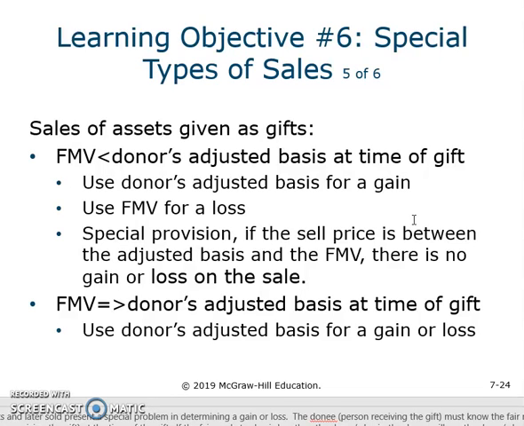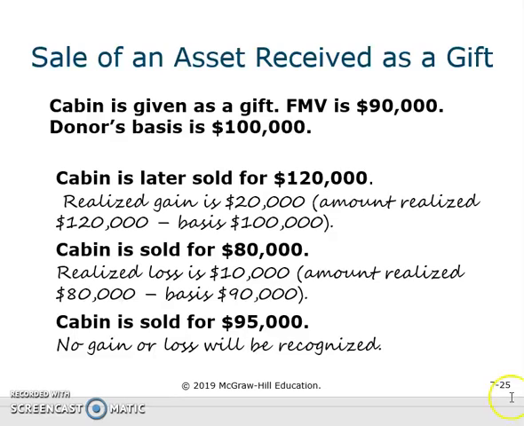So let's take a look at an example. We have a taxpayer who received a cabin as a gift. The fair market value is $90,000 and the donor's basis is $100,000. If the cabin is later sold for $120,000, the realized gain is going to be $20,000: the amount realized, $120,000, minus the basis of $100,000.